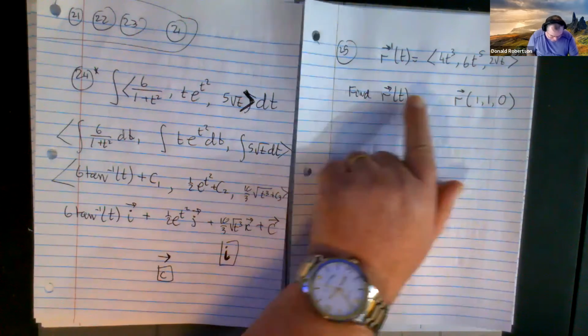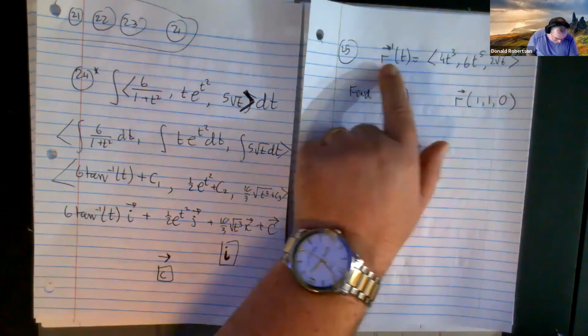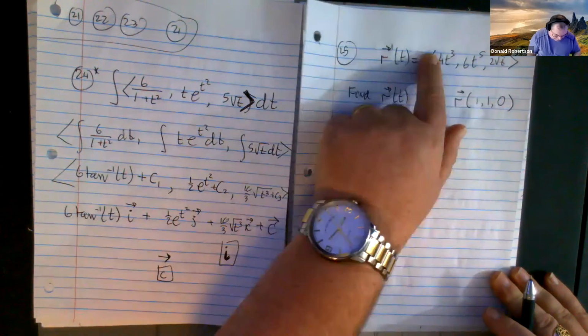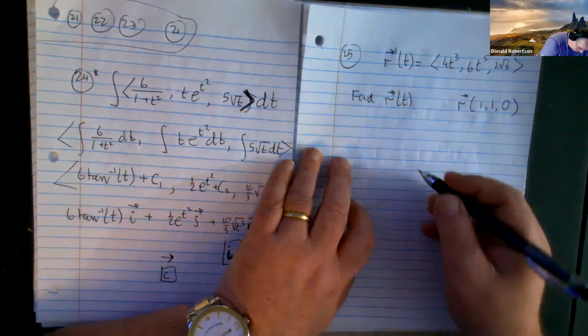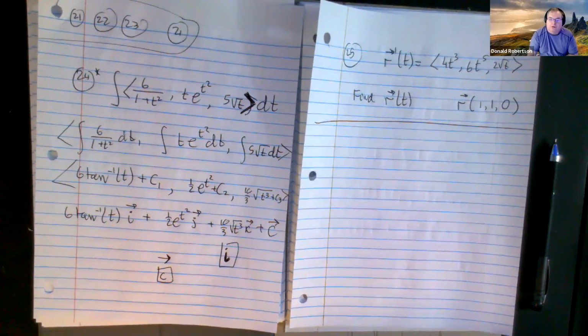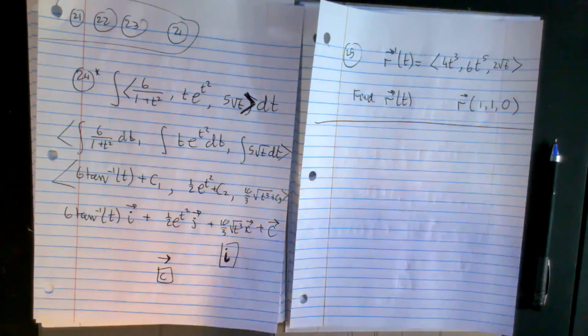Find r being told this extra piece of information. Now they've actually done all of this in terms of ijk, but you know I don't like ijk, so I'm using it as vectors. How do you think I could approach solving this problem? I know what the derivative is, but I want to find the original function r of t. Integrate it.